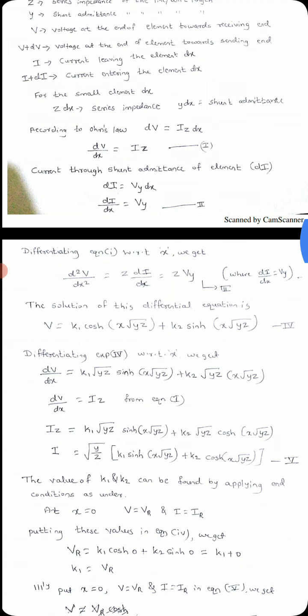Now differentiating equation 4, we get dV by dx is equal to k1 into square root of YZ sin hyperbolic of x into square root of YZ plus k2 into square root of YZ cos hyperbolic of x into square root of YZ.